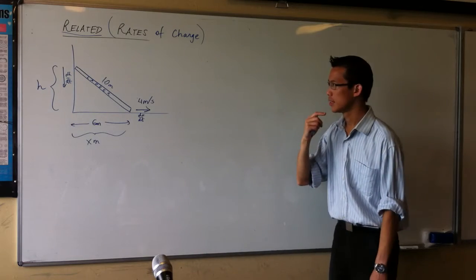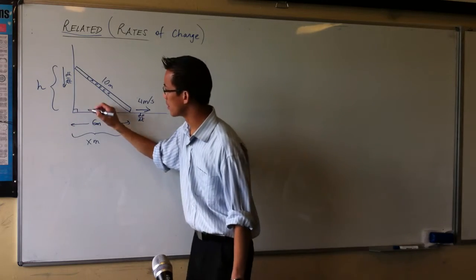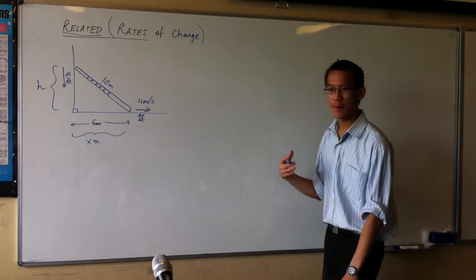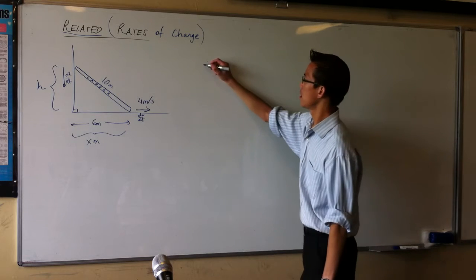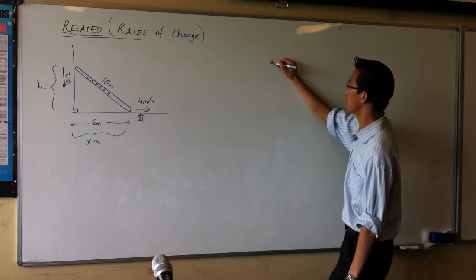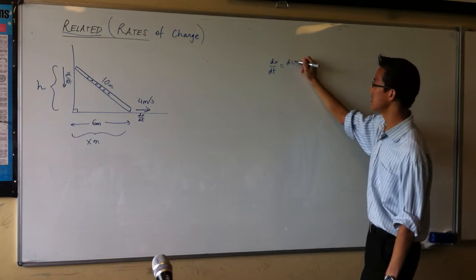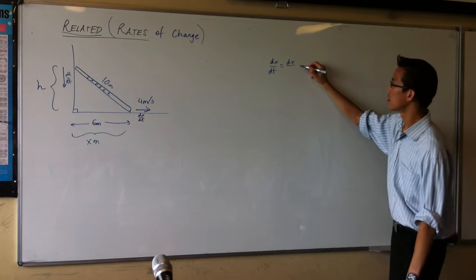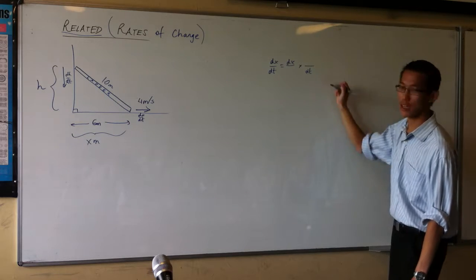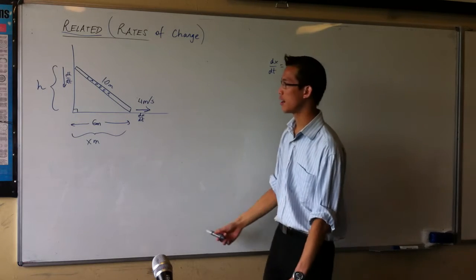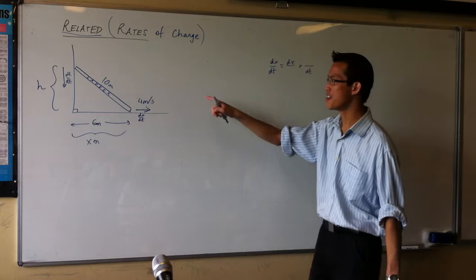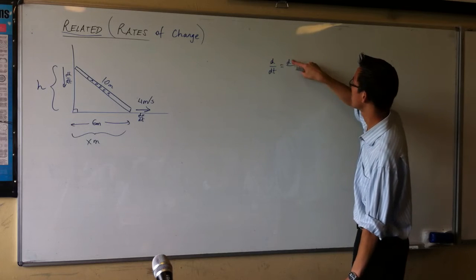I forgot to put a right angle in here. Now, I'm after dh on dt. So by chain rule, I'm going to expect a dh on something times something on dt. Sorry, wrong way around. I know x, I want h.